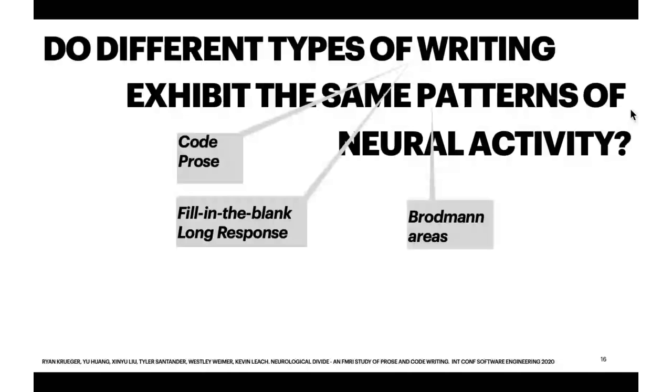So the notion of type of writing is operationalized through two different independent variables. Dependent variables are expressed in those patterns of neural activity, and specifically Brodmann areas. Brodmann areas are parts in our brain which are usually activated depending on specific cognitive tasks.